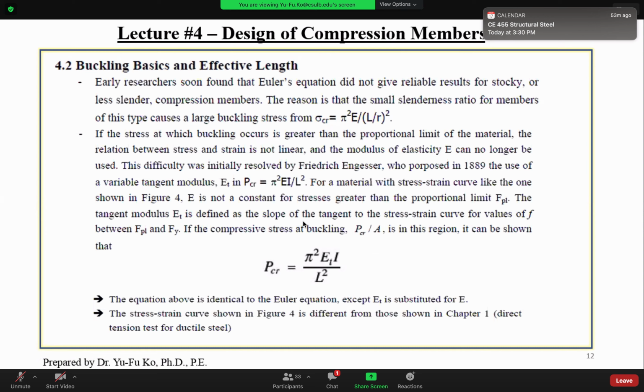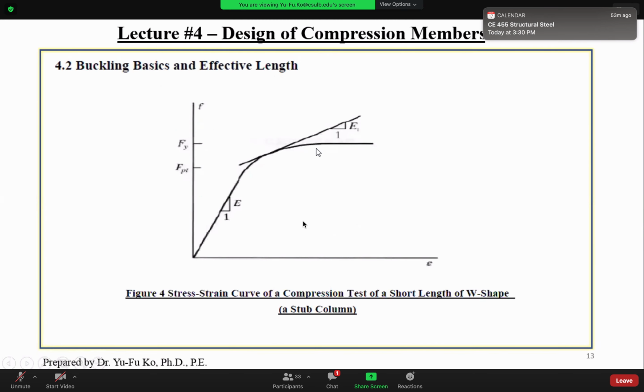So that bottom note says the stress-strain curve shown in figure 4 is different from those in chapter 1. How did it differ from the previous stress-strain curve from chapter 1? Is it because we accounted for those additional variables of the modulus? Because for tension, remember what the tension curve looks like? Chris, how does it look? Tension test, do you still remember?